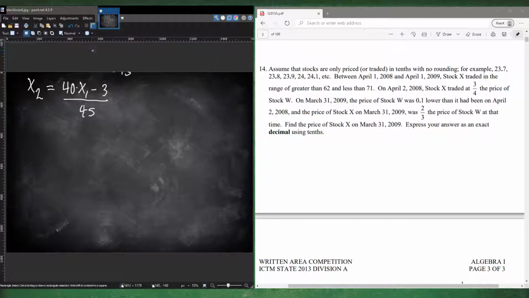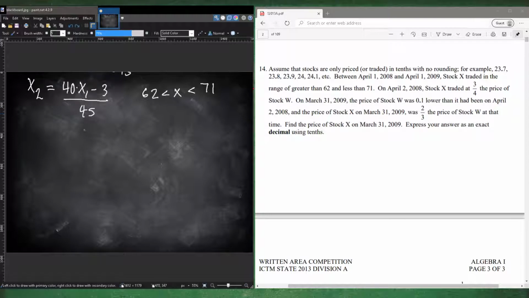I'll put this here and write our bounds again: X is between 62 and 71. This is important because now we have this number and we have to find the value of this, which is really difficult because we'd have to do a bunch of trial and error, which takes forever. So to limit the possibilities, we have to look at this value. They said it has to be in tenths.